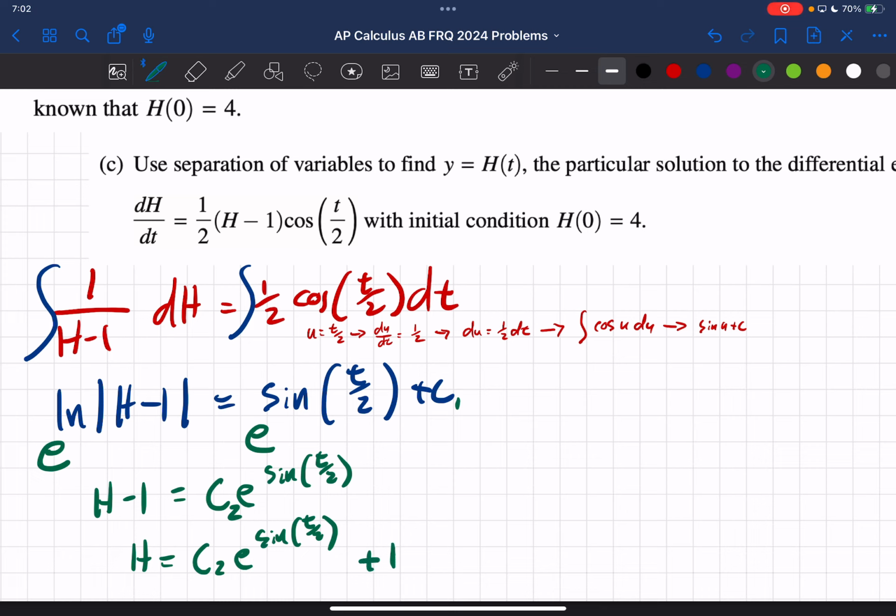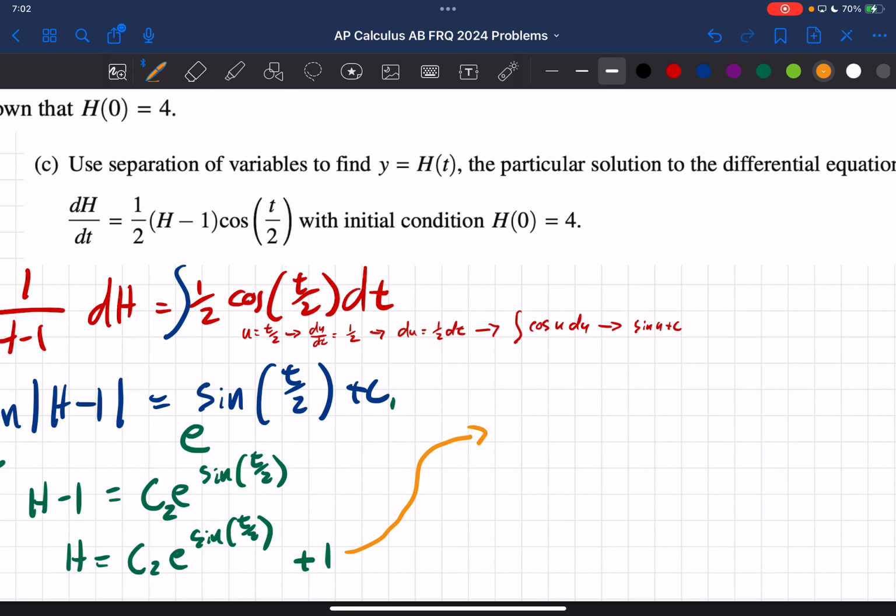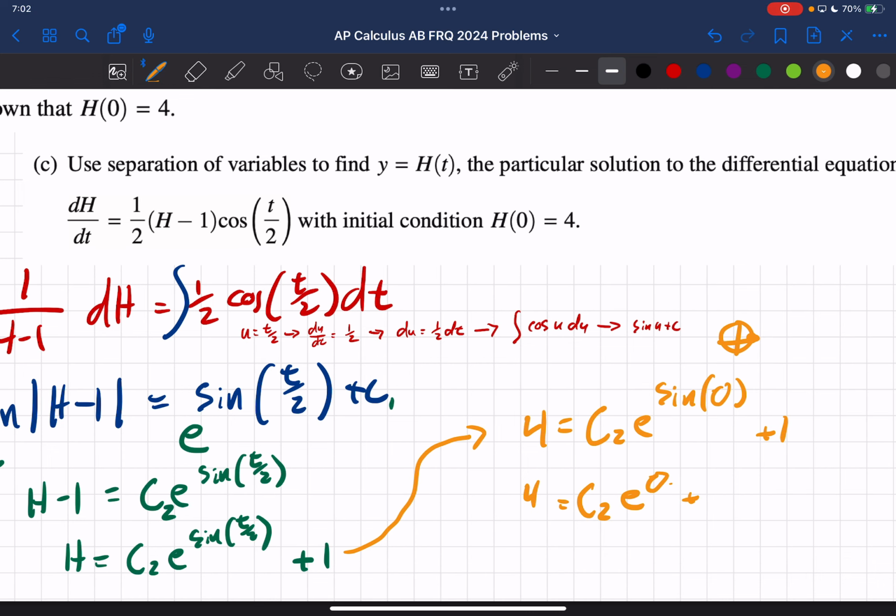So now, if I want to find the particular solution, now I've got my general, so now I plug in 4 for h, and I have C2 e to the sine of 0 plus 1. So sine of 0, if I think of my unit circle, that's the y value right there, so that's 0 plus 1.